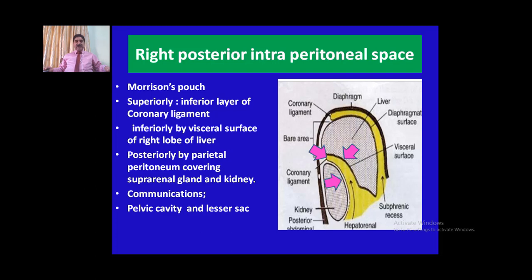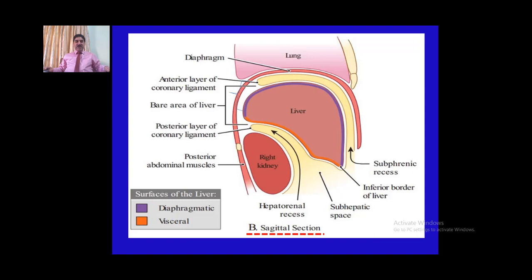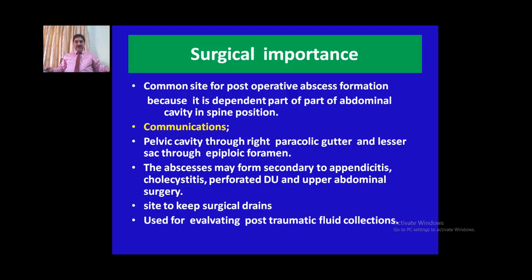This space is very important because of its communications. To make things more clear, let us go to this diagram. It is bounded superiorly by the inferior layer of the coronary ligament, inferiorly by visceral surface of the liver, and posteriorly by the peritoneum covering the anterior surface of right kidney, as shown by this arrow.